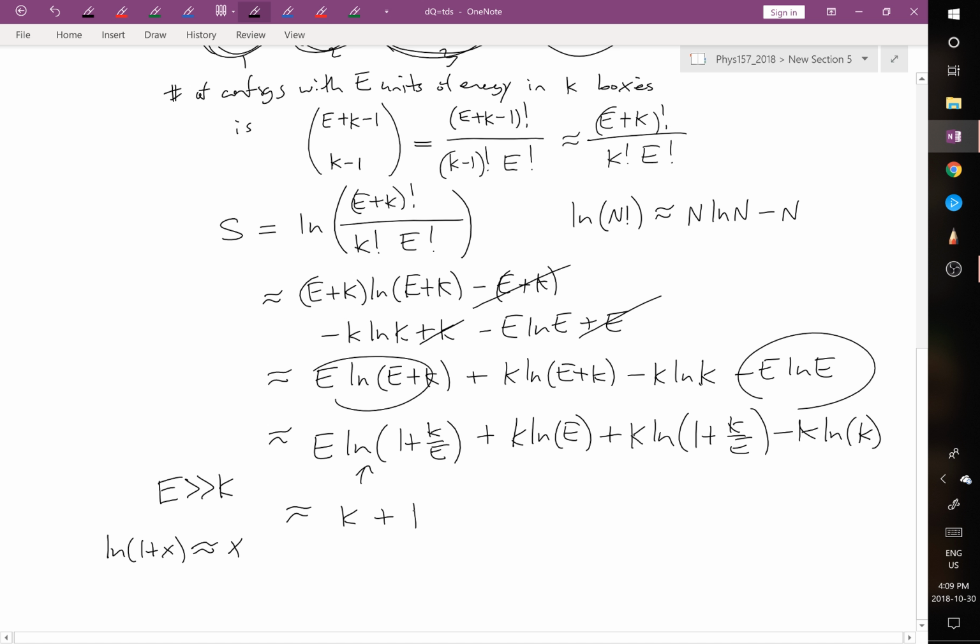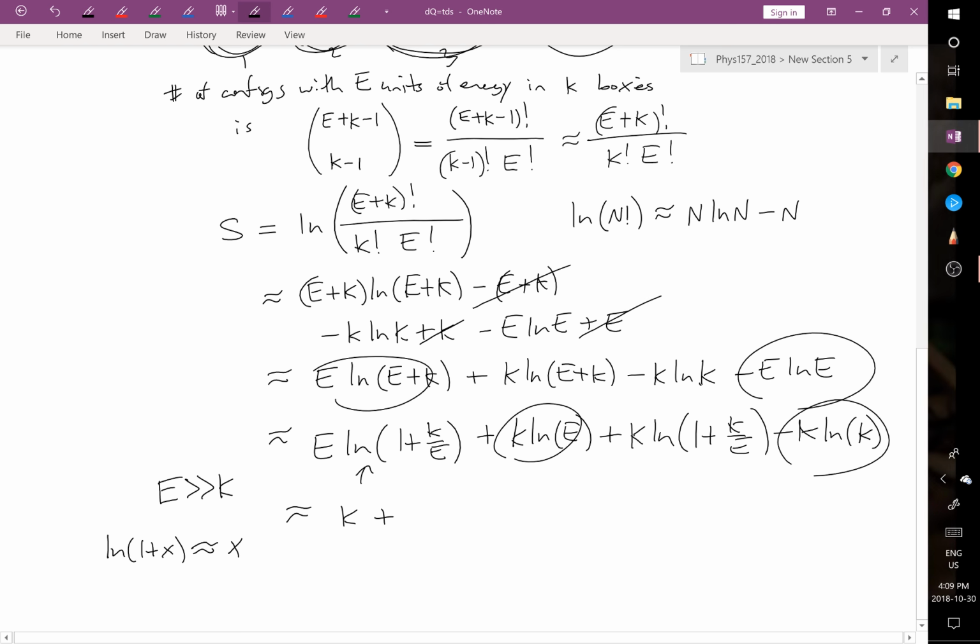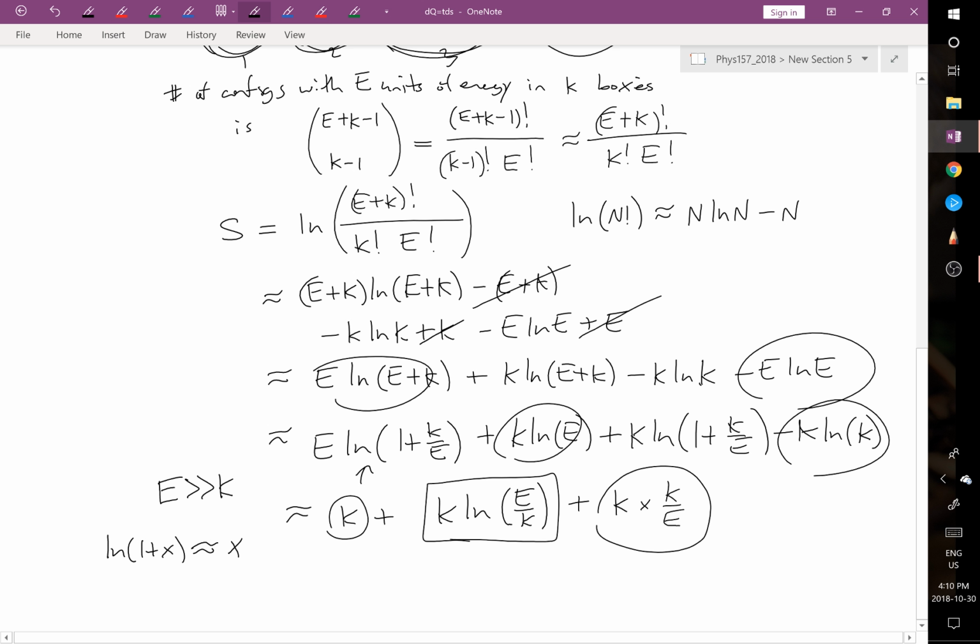And then the second term is, I'll combine this term with this term, so that gives me plus K log E over K, and then that third term is approximately equal to K times K over E. Okay, so this term is K, this term is much smaller than K because E is much greater than K, and then this term is actually significantly bigger than K if we're imagining that E is a lot bigger than K. Okay.